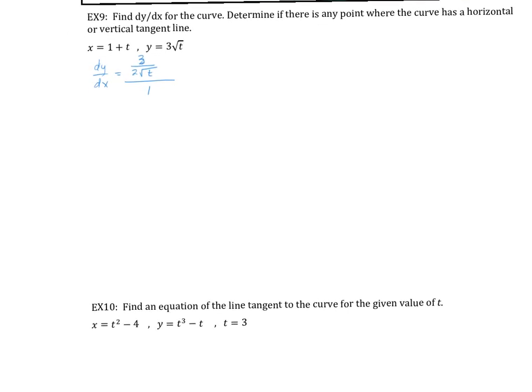So our derivative is simply 3 over 2 square root of t. So we found the derivative.